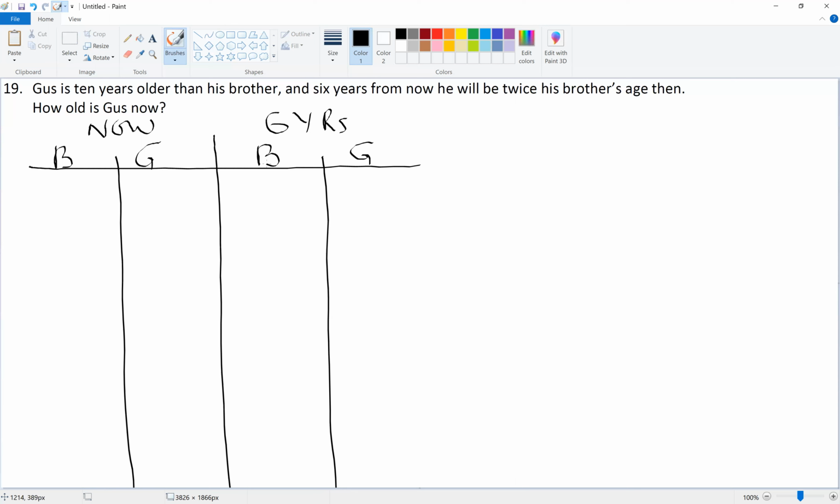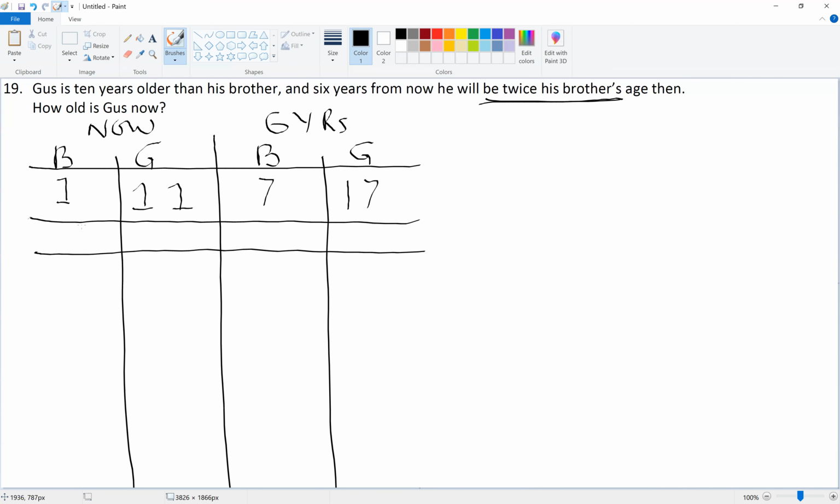So if his brother is 1, how much would Gus be? 11. 6 years from now, how old would Gus be? 17. And his brother? 7. So obviously you are looking for twice. It's not. So let's go to the next number. 2, 12.